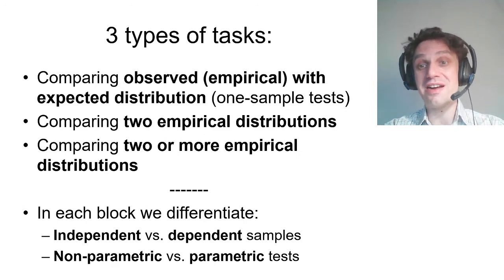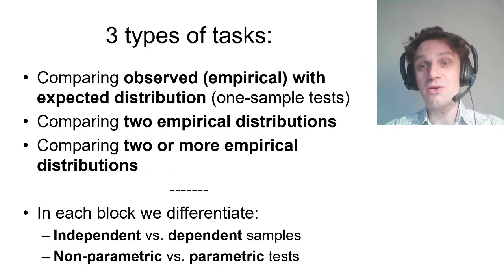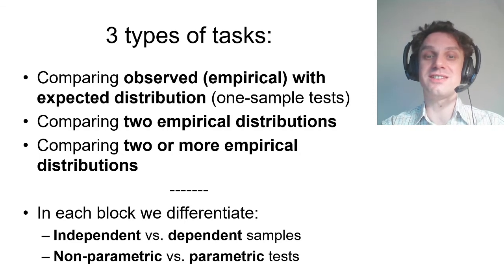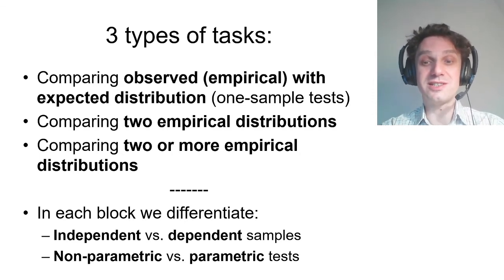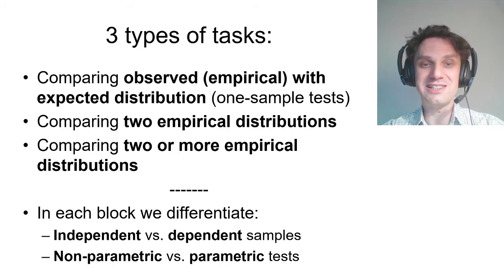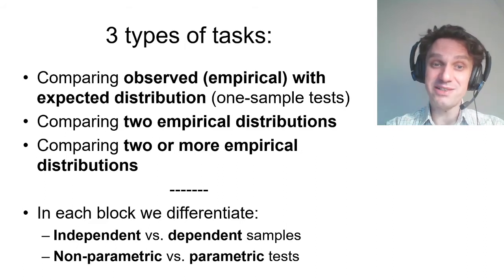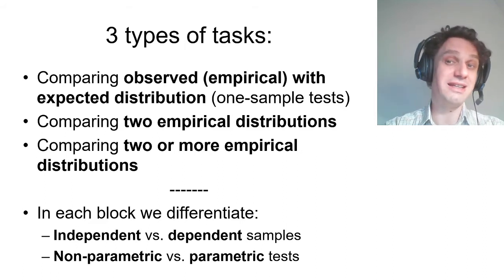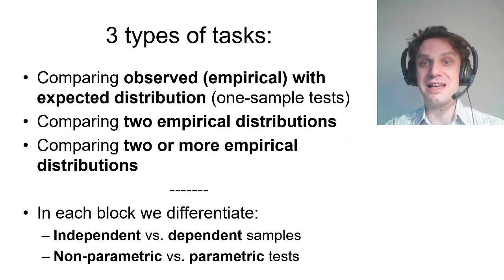How can we compare an observed distribution with an expected distribution, or compare two empirical distributions, or compare several empirical distributions at once? And when we look at those statistical criteria that can solve those problems, we will also make important distinctions between independent and dependent samples and between non-parametric and parametric tests that we can apply.